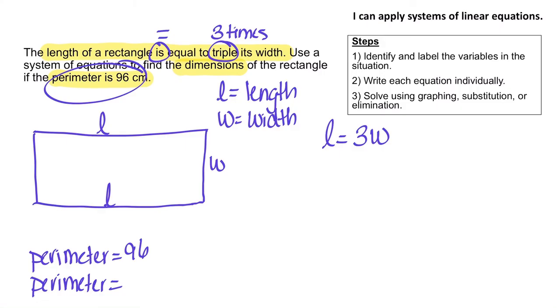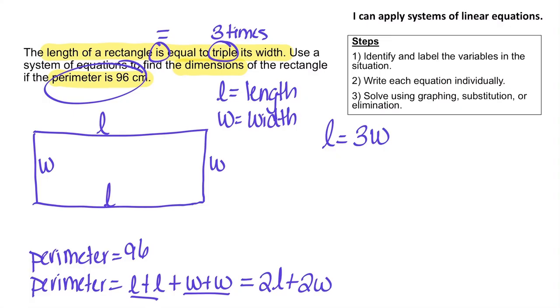If this side is W, this is also going to be W. So if we add up all the sides, we have L plus L plus W plus W. If I combine those together, I have L plus L, that's 2L, plus W plus W, that's 2W. So this is telling me that 2L plus 2W equals 96. That is now my second equation.